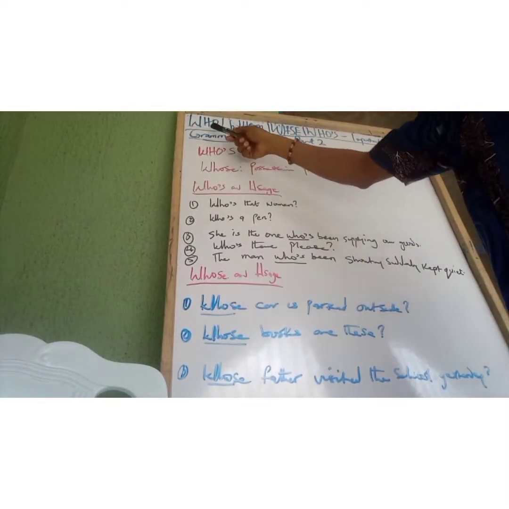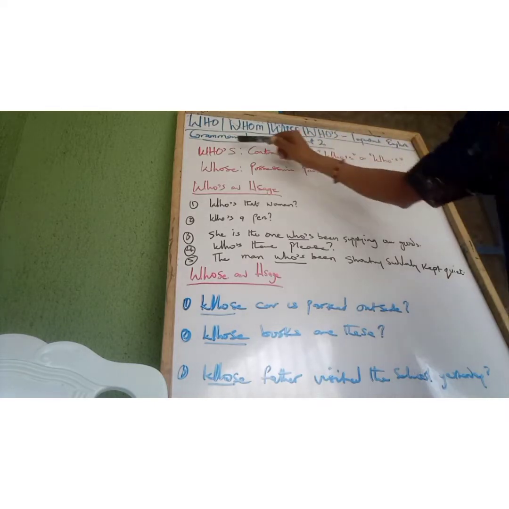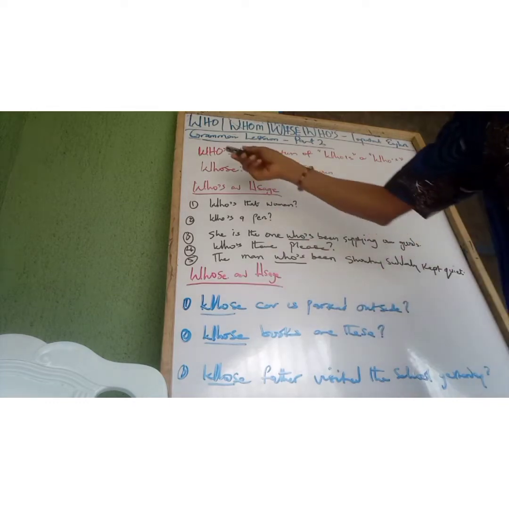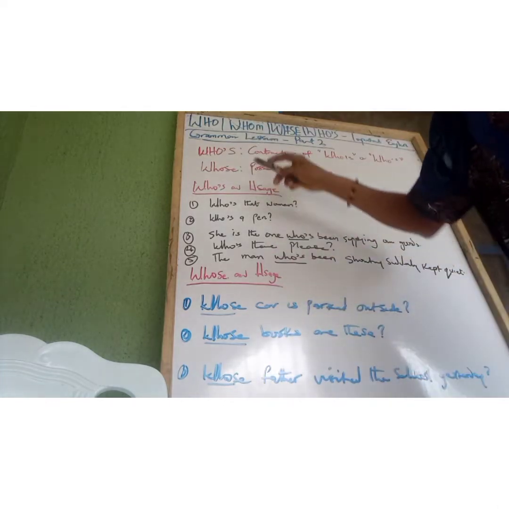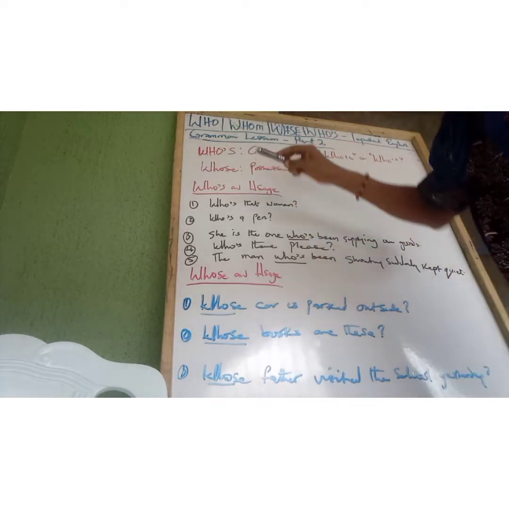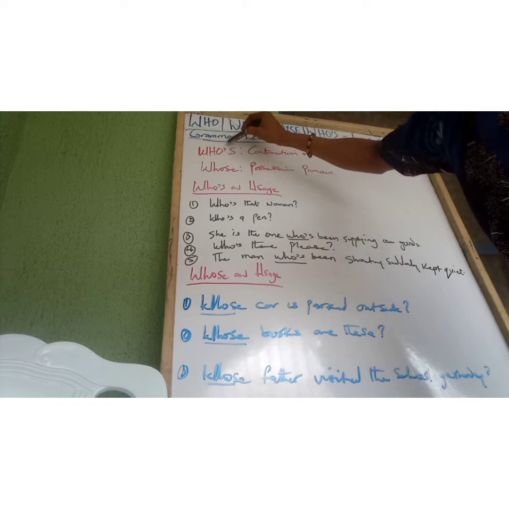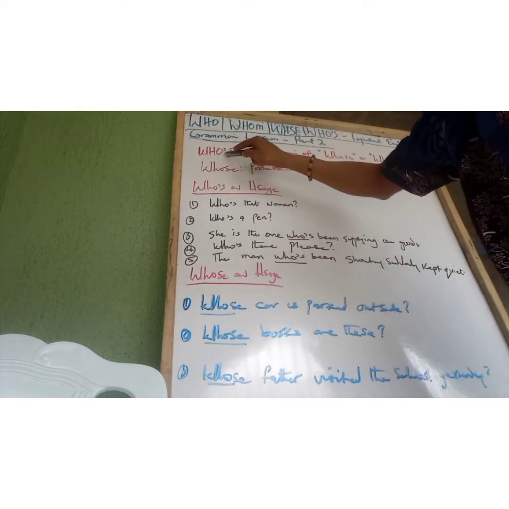So this is the Who, Whom, Whose, Who's important English grammar lesson. This is part two, the concluding part. The apostrophe in who's shows that some letters have been taken away from the combination of these two words.